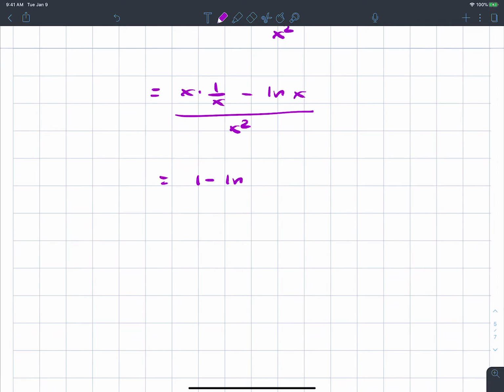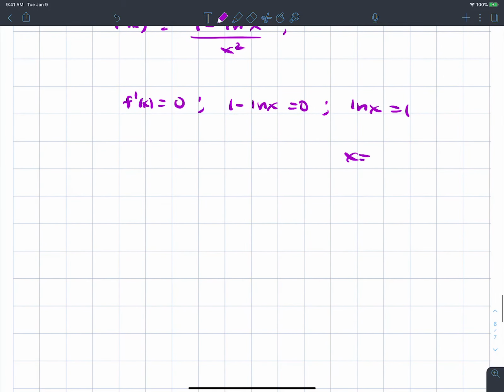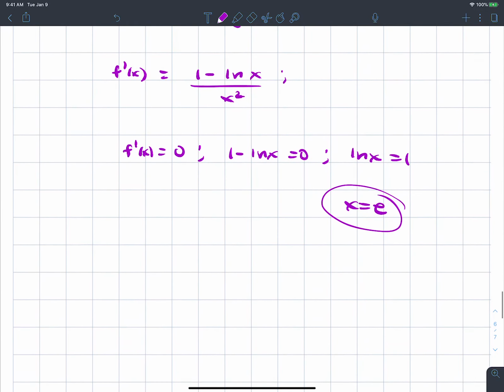We get 1 minus natural log x over x squared for that derivative. And so you say, where does this equal 0, right? We're doing sign analysis on this. So the derivative is 0 when 1 minus the natural log x is 0, or the natural log x is 1, which means x is e. That's where I have 0 for a derivative.